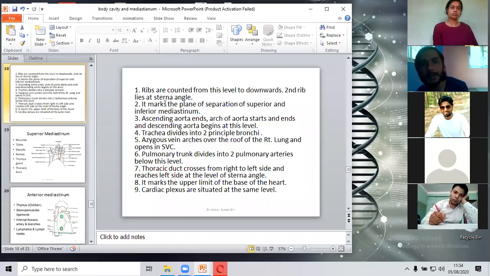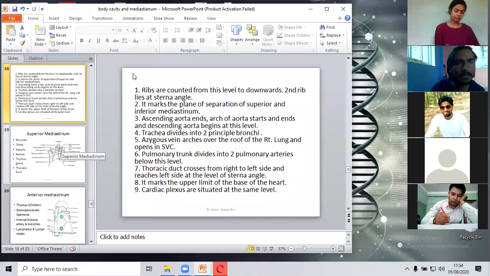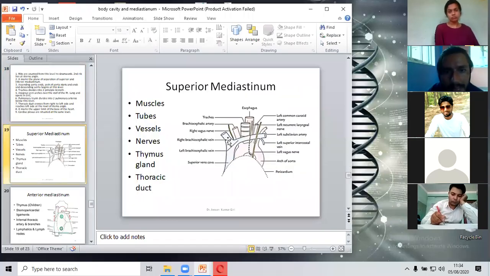Now the next one is that again at this level only the pulmonary trunk divides into two, right and left pulmonary artery. You know the pulmonary artery? If it is a picture, I'll go to the next slide to show the picture. Now see here, can you see here? This is the superior vena cava.